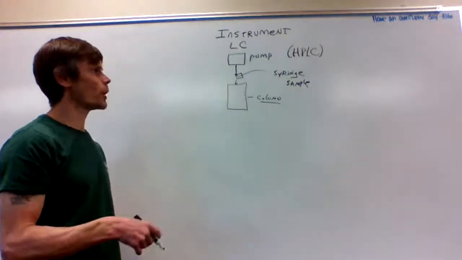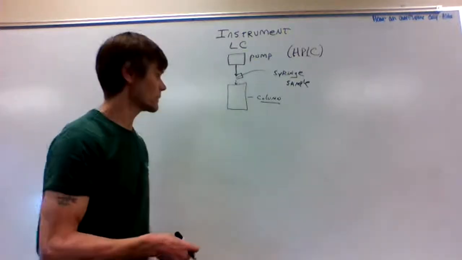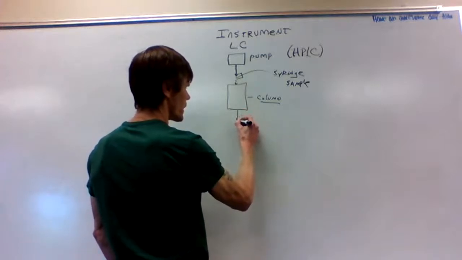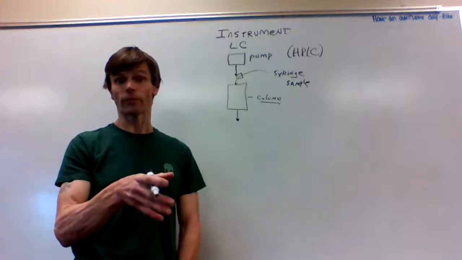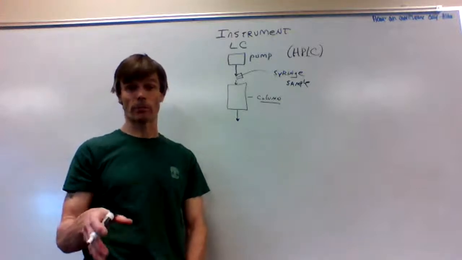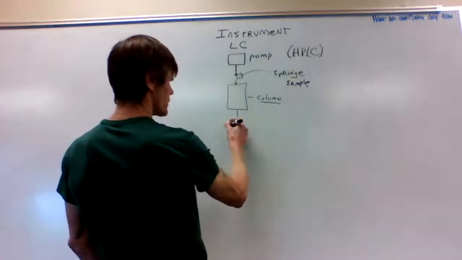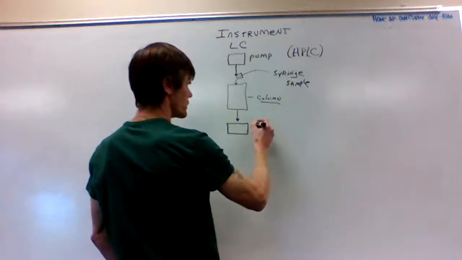And one of the components will want to spend more time in the liquid mobile phase. As we showed earlier, using our bands, our goal is to hopefully get separation of the different components that are in there. And at the end of this instrument, we have a method of detection.